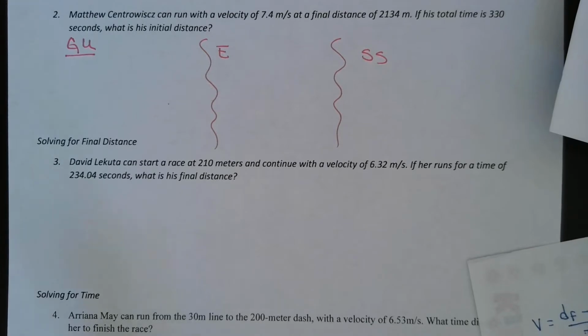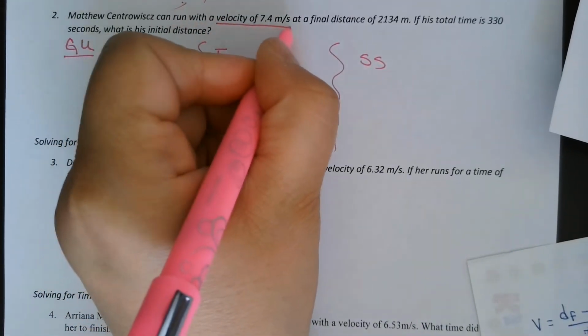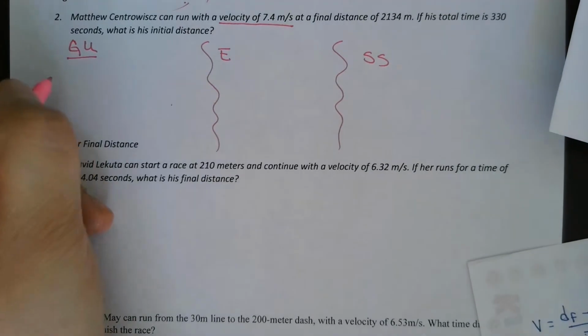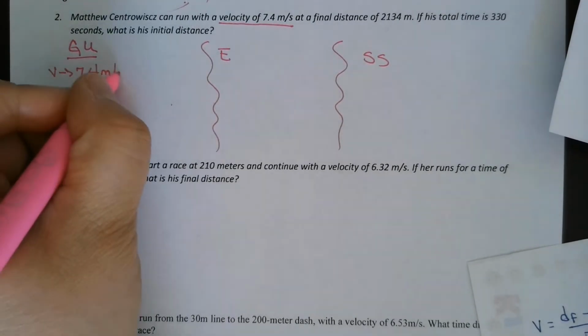So here's the information we are given. It says that Matt can run with a velocity of 7.4 meters per second. So that's my velocity. V is 7.4 meters per second.